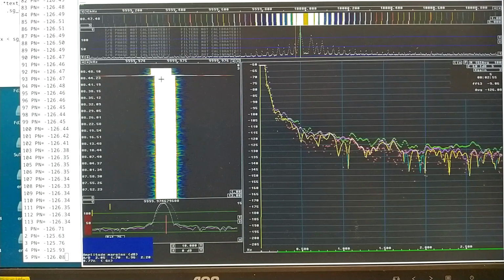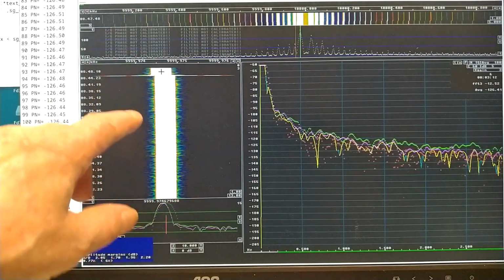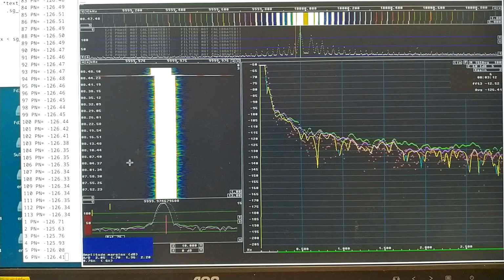I have changed the supply voltage from 16 volts to 15 volts now. That has caused a frequency jump. The frequency was 974,679. And now when I moved the signal by putting the cursor on top of it here and click, then it changes to 974,609.37.